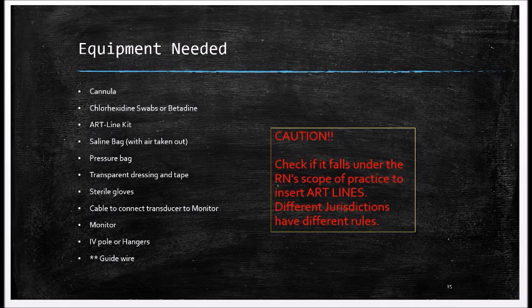In some countries, RNs are allowed to insert arterial lines, but in Canada, where I'm from, it falls under the scope of practice of the respiratory therapist and the physicians. As nurses, we have the role of making sure that the arterial line remains patent and that the patient is not compromised by the arterial line.